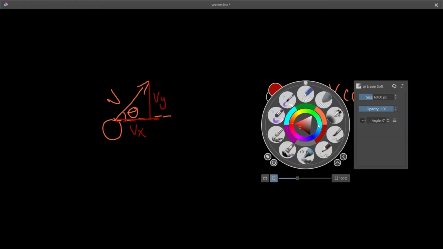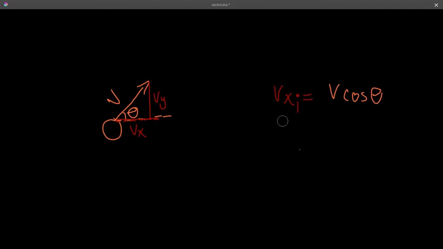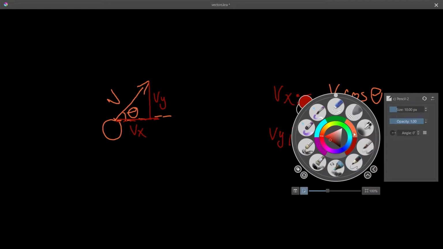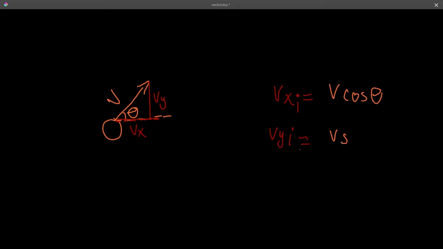and Vy initial is equal to V sine theta. Okay, well, let's discuss the path that an object like this takes.